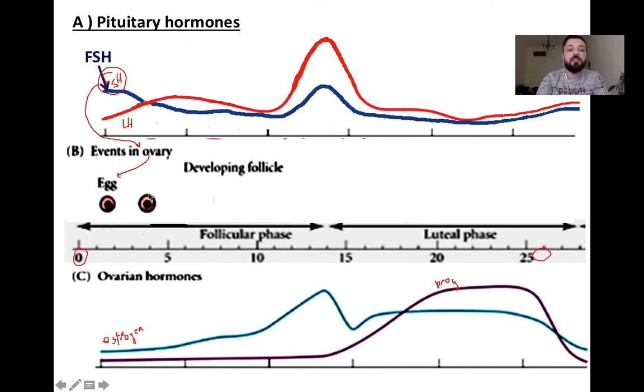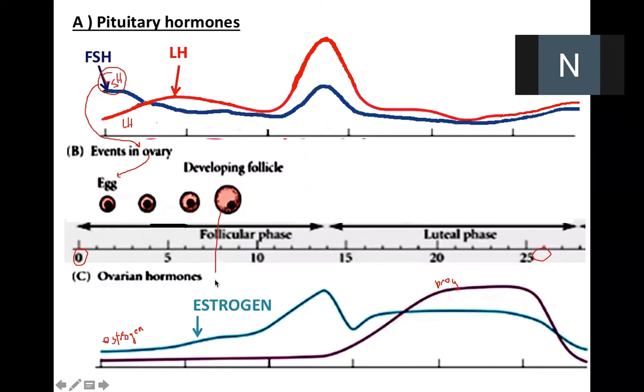As you can see, the follicles start growing. Starting from day 0, day 5, day 10, the follicles are increasing in size. As a result, the follicles will start releasing estrogen.